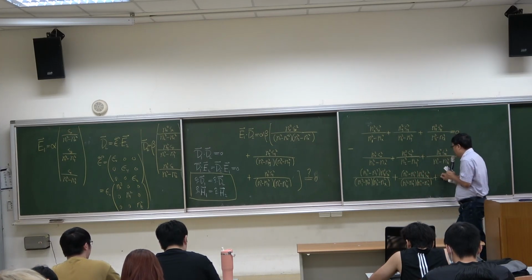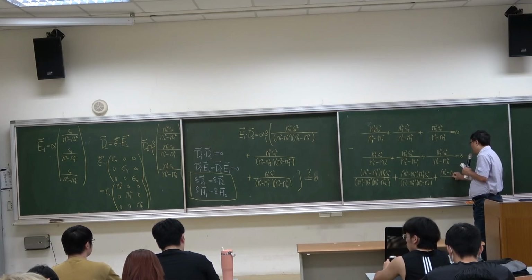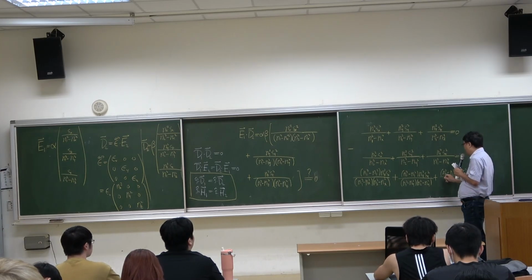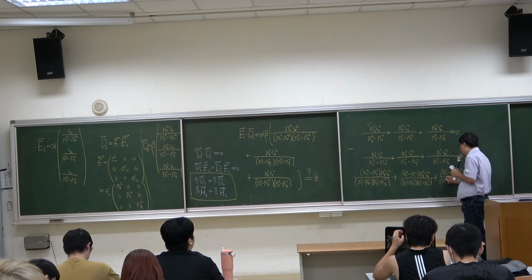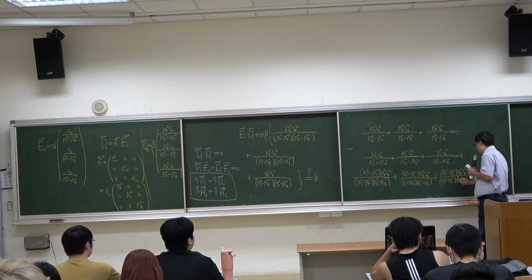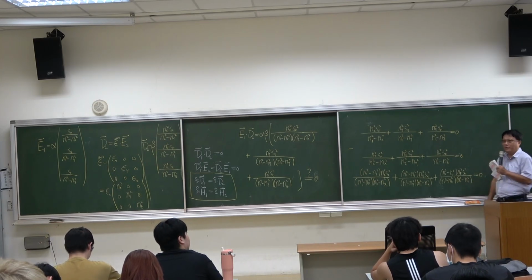And the third term, we get n2 squared minus n1 squared times nz squared sz squared over n1 squared minus nz squared times n2 squared minus nz squared equal to 0.